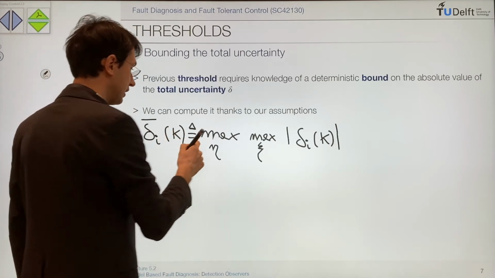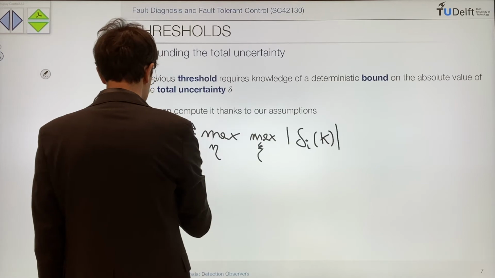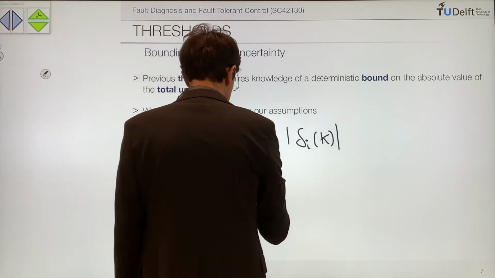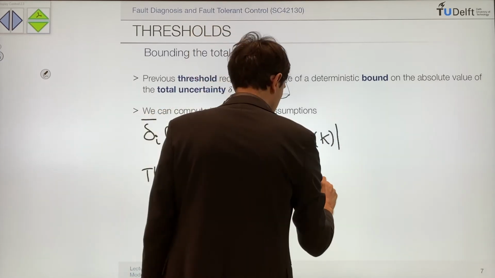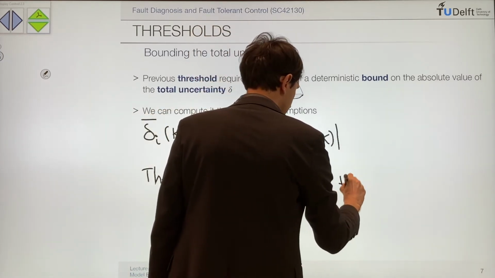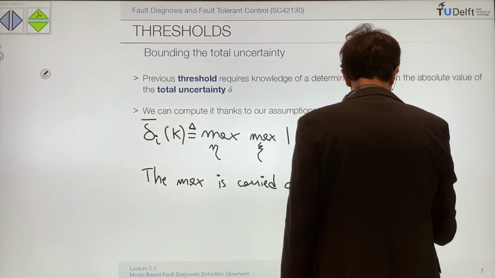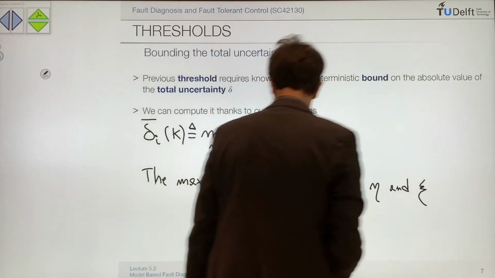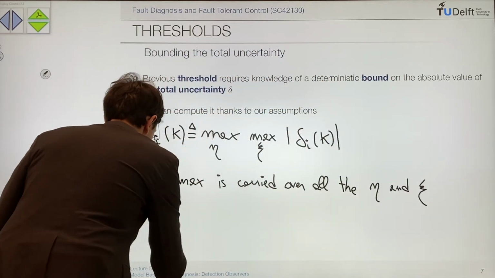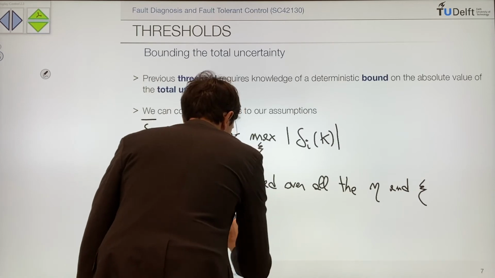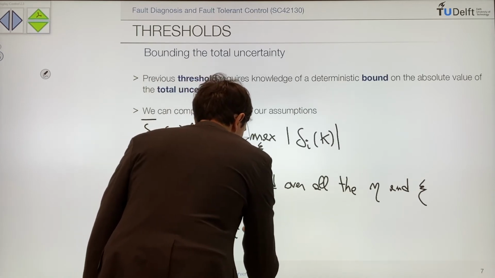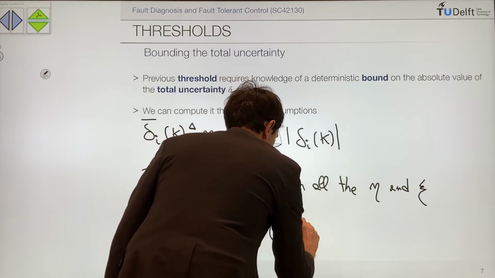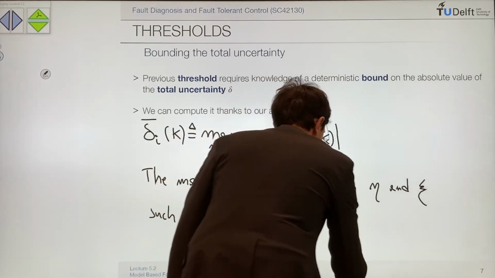But anyway, the important thing is that here the max is carried over all the values of eta and psi such that eta i in absolute value is not bigger than its own bound, and the same for psi.